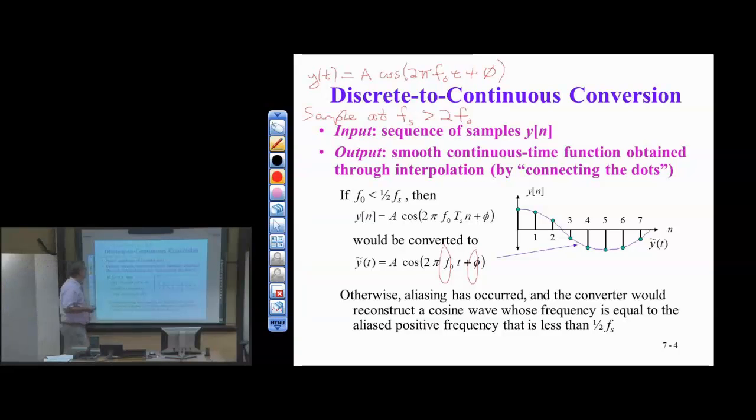Okay, so if I do that, we get a very familiar form, we've done this before, for y of n. We can write this a couple of different ways. The way we've been writing it is that we replace little t in y of t by these snapshots at integer multiples of the sampling time, or integer multiples of 1 over the sampling rate.